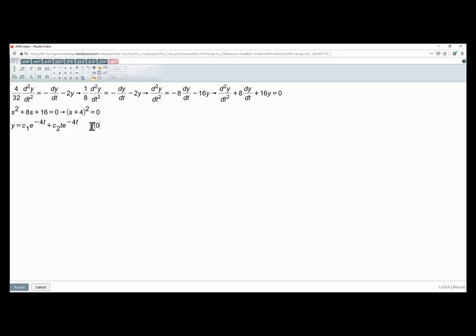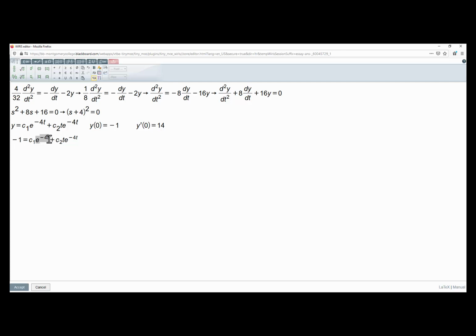What else are we given? We are given that y(0) is, if you recall, released 1 foot above the equilibrium position, so that will be -1, and y prime(0) is 14 feet per second, so that's 14. If we put t equals 0 in here, then y is -1.